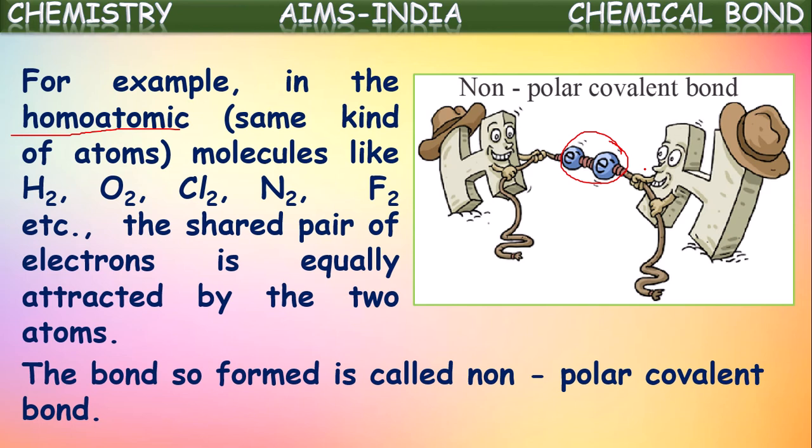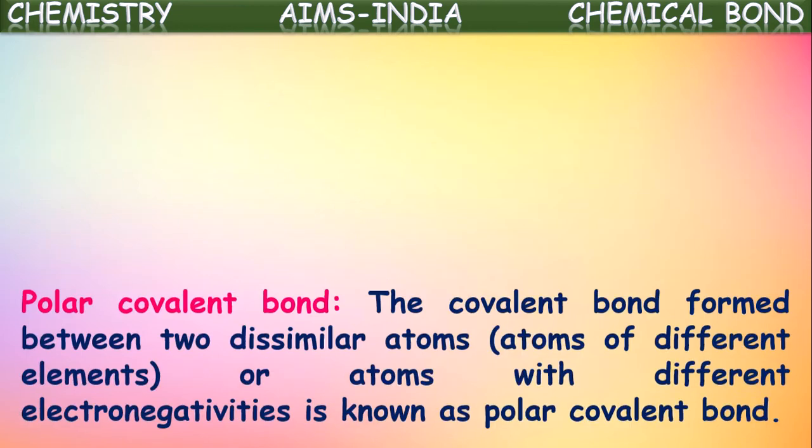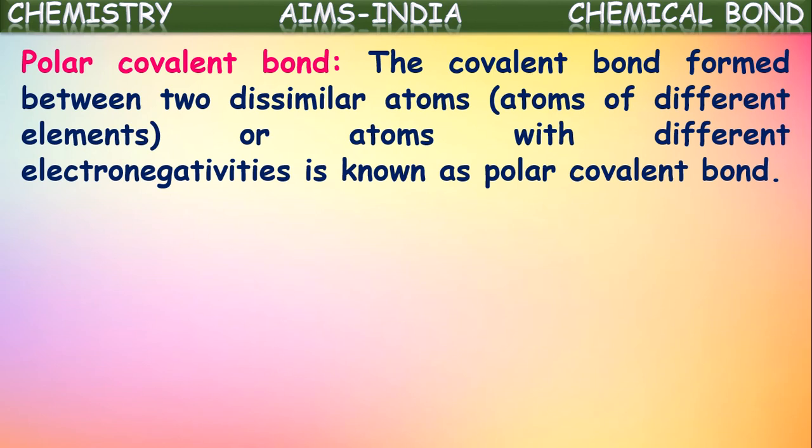The covalent bond in which the electron pair is equally shared between the atoms is called a non-polar covalent bond. Let us now see another kind of covalent bonding, that is polar covalent bond.